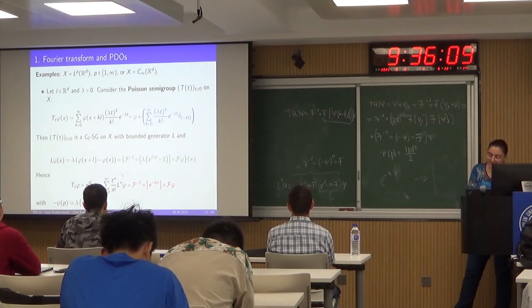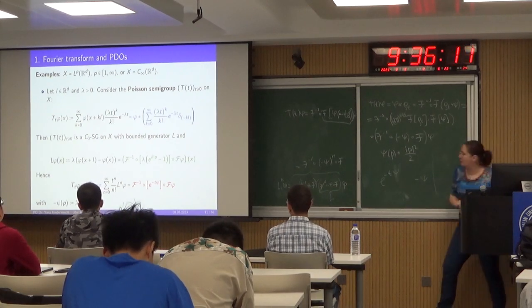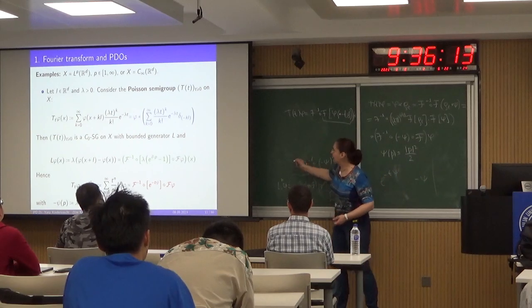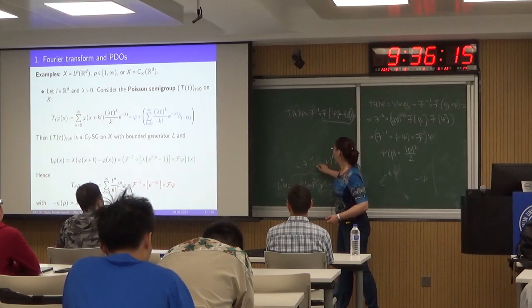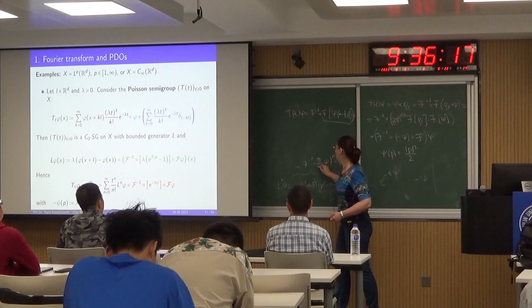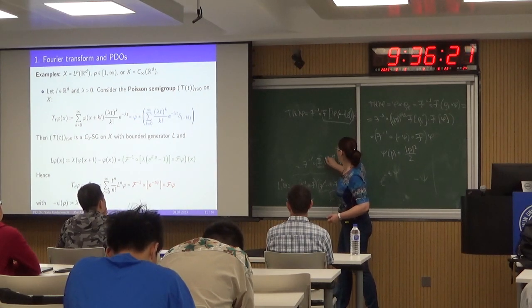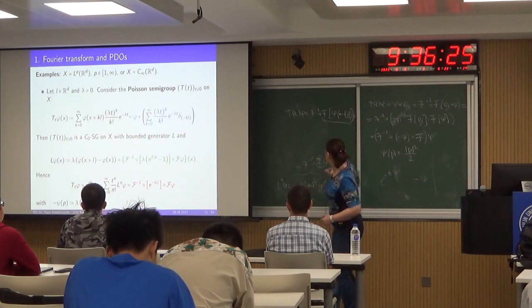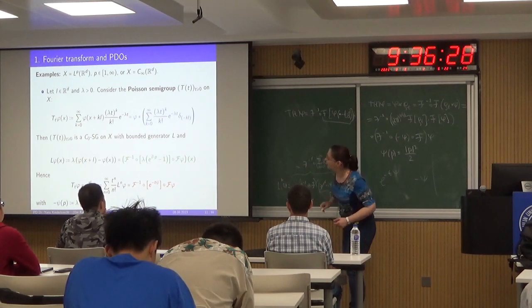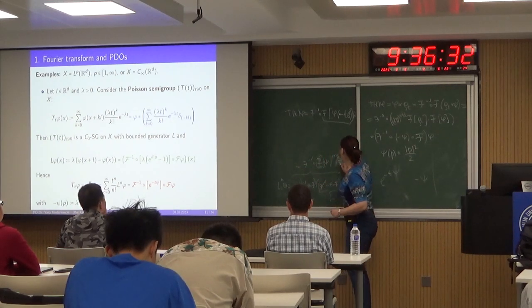Hence, since we have this series, after summing up I can write it down like this: the sum from n equals 0 to infinity of psi to the power n, multiplied with these factors, t to the power n over n factorial.